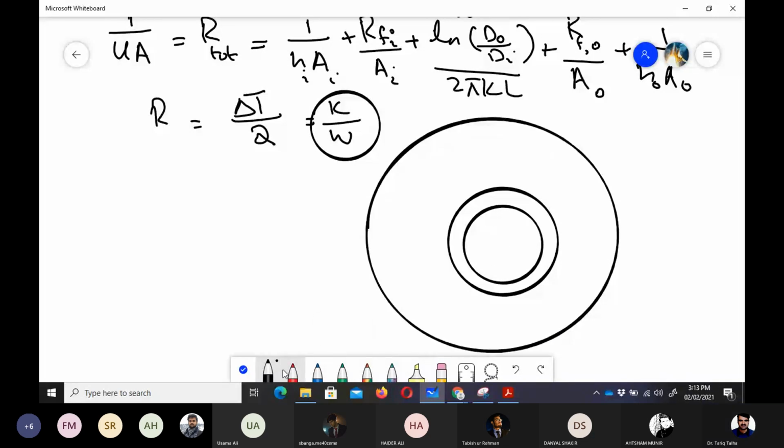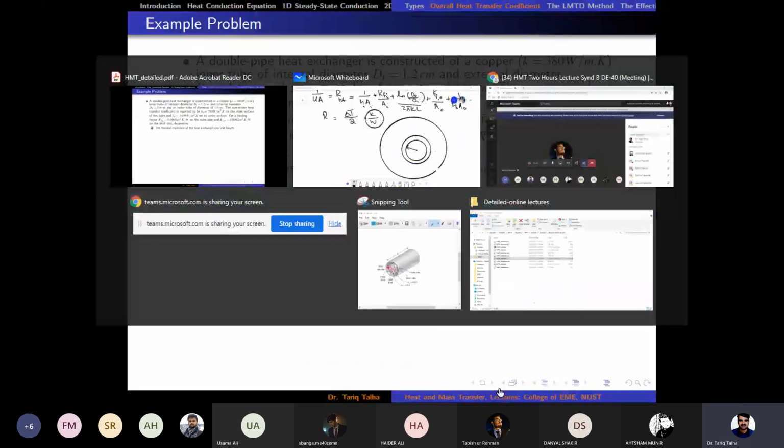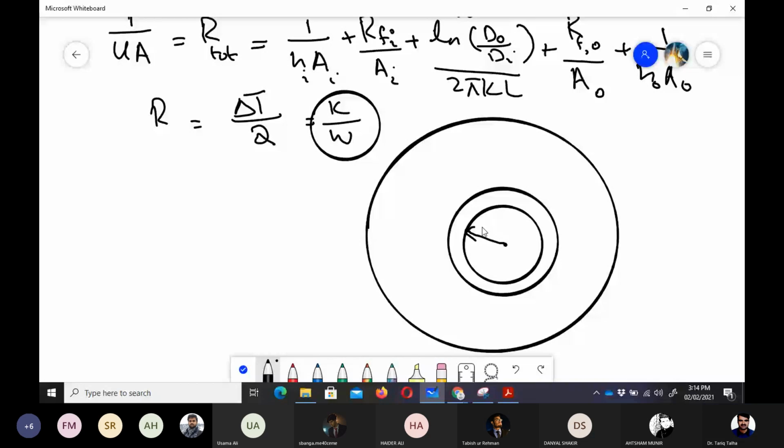So this diameter, DI, is 1.2 cm, this is 1.6 cm, and then this is 3 cm, right? And then one fluid is going to go through here, and the other fluid is going to pass through this way.